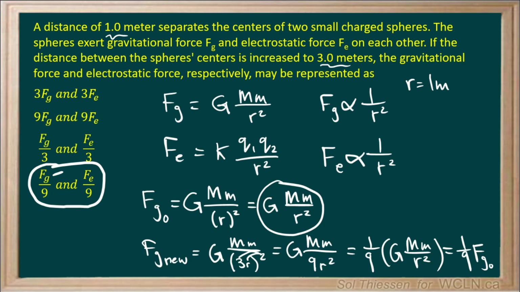So these symbols Fg and Fe represent the initial gravitational and electrostatic force in the scenario, and so once we move the objects 3 meters apart instead of 1 meter apart, we'll take those initial values and divide by 9 to find the new values of the force of gravity and the electrostatic force.